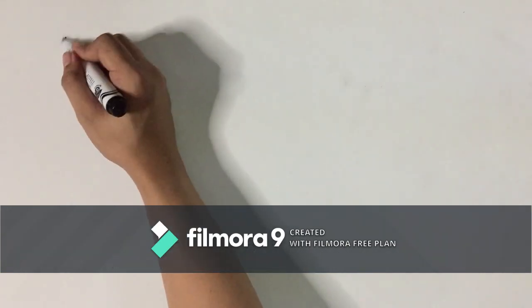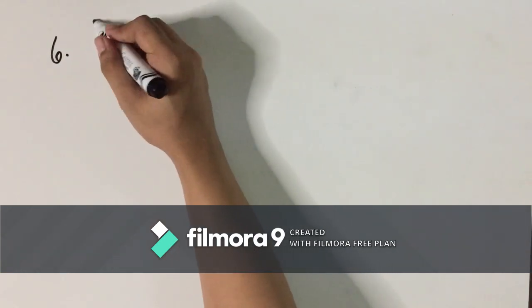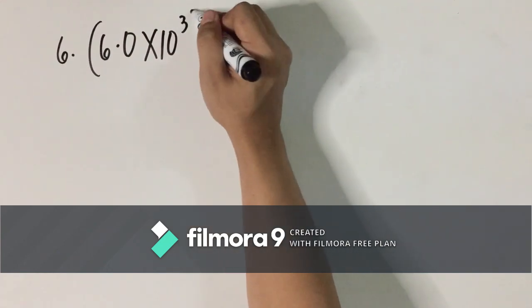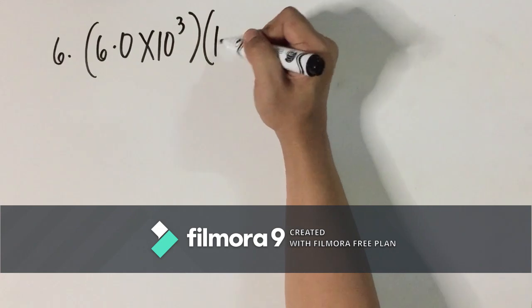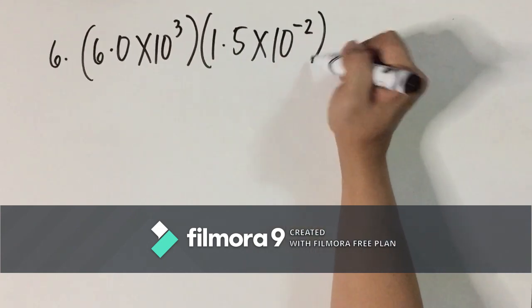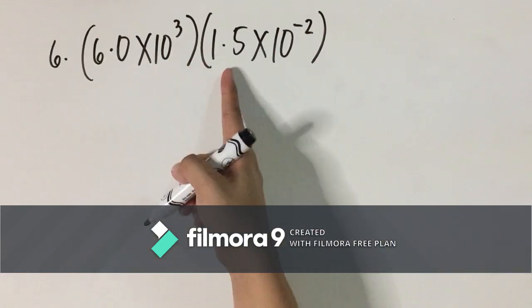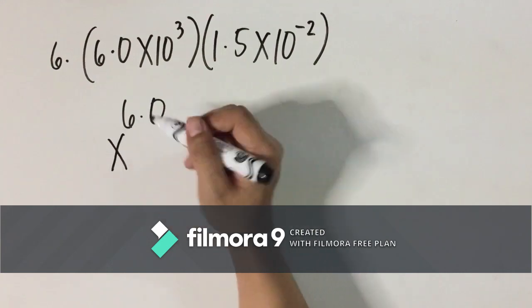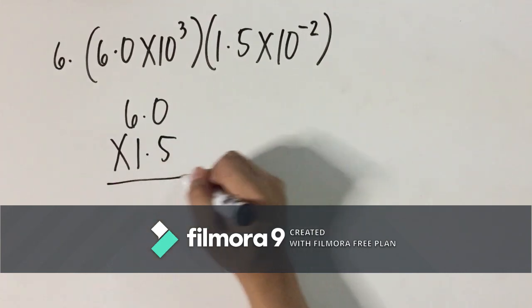Now for number 6, same operation, same procedure, multiply the digit term, then add the exponent. So we have 6.0 times 10 raised to positive 3 rather, multiply to 1.5 times 10 raised to negative 2. So 6.0 multiply to 1.5, doing the math thing.